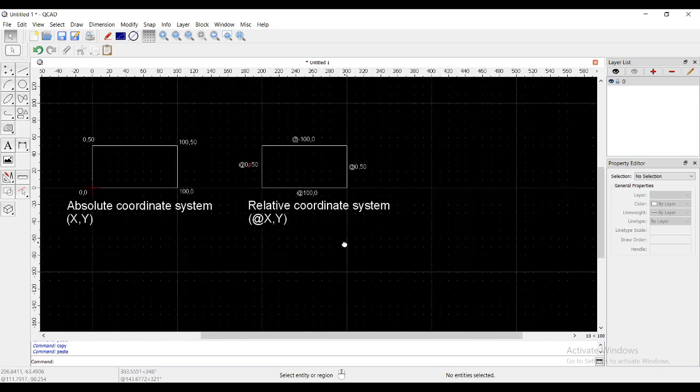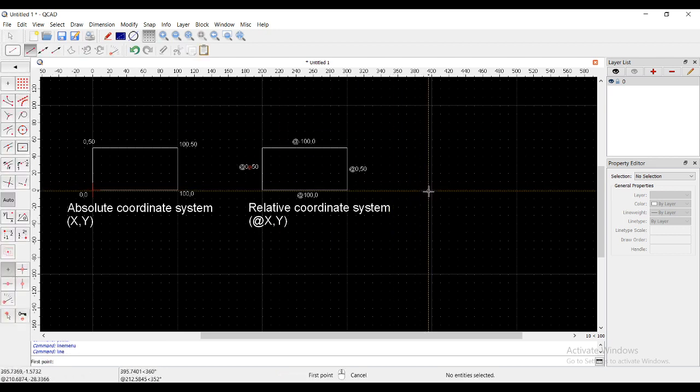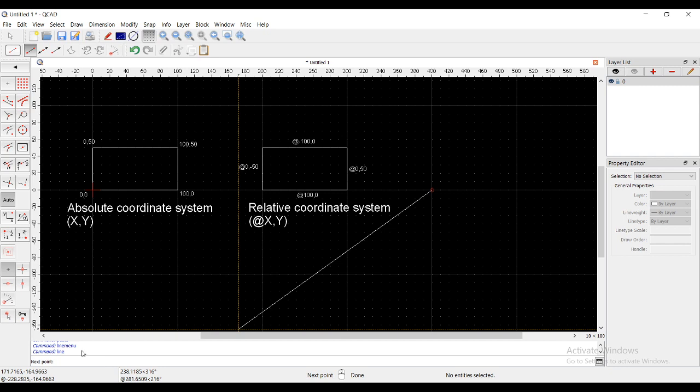For the polar coordinate system, I will just start a line from a point, and then you can give the distance using the at sign. So at 100, and you can use the less than sign and give the angle of 45. That will give you an angle of 45, then 30, then 60.